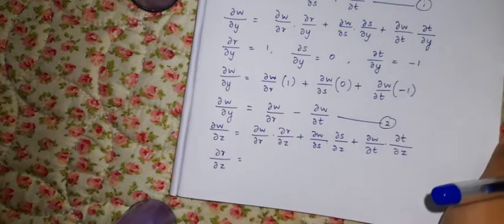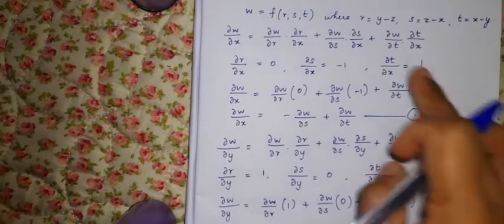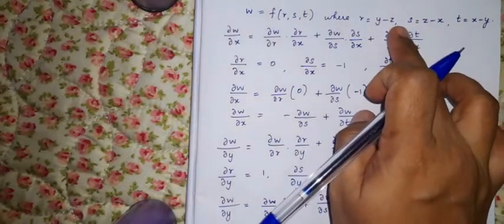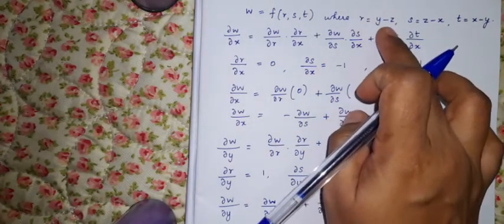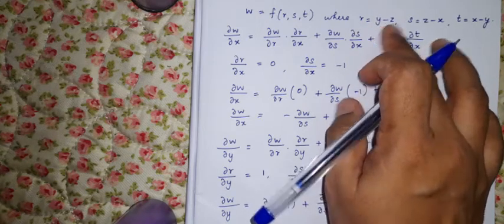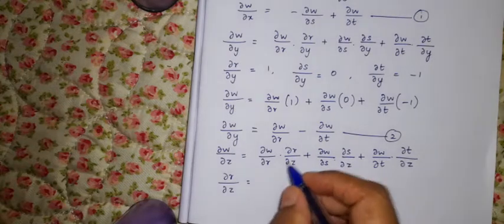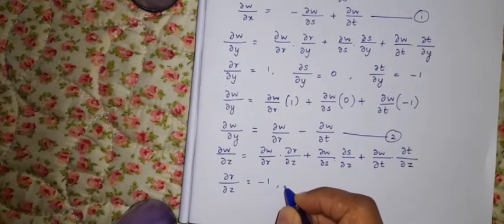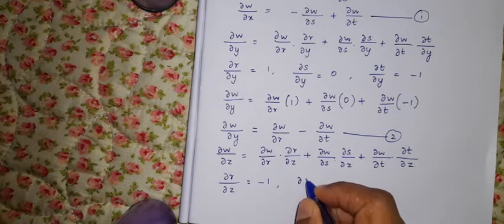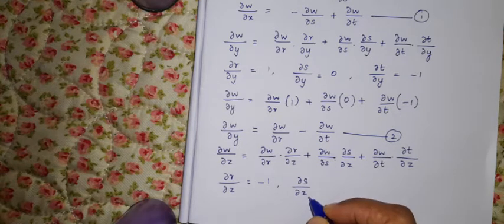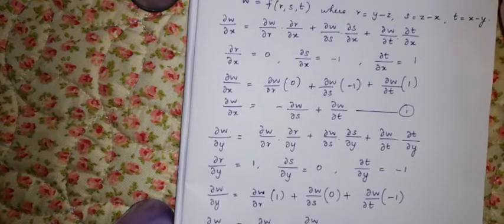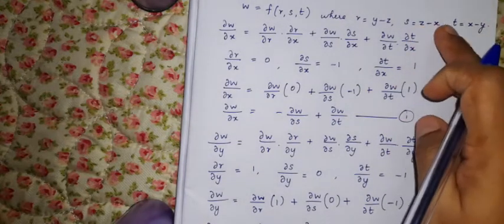What is r? R is equal to y minus z. So what is ∂r/∂z from this? It is minus 1. What is ∂s/∂z? For s we have z minus x.